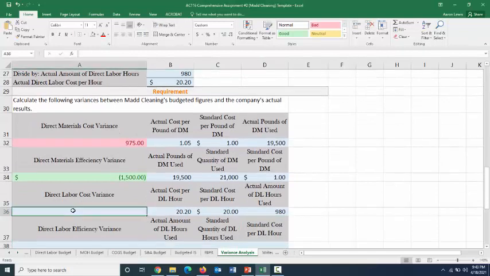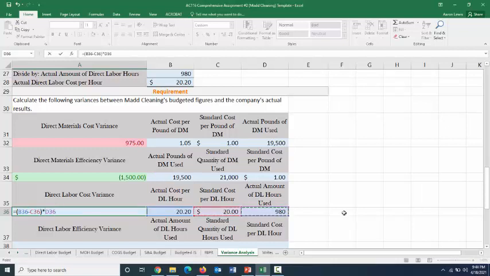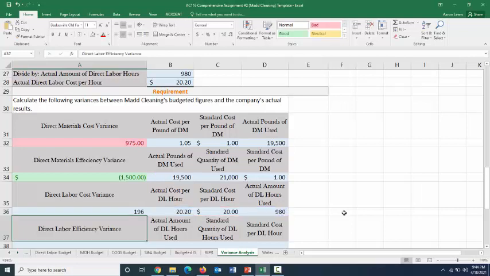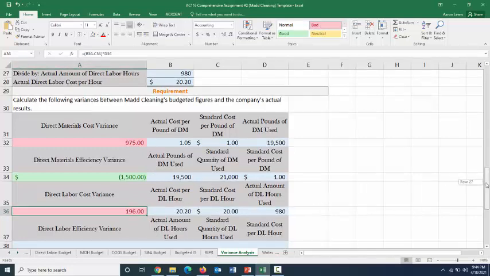So we take the difference between our actual cost per direct labor hour of 20.20 and our standard of 20, and we multiply it by those 980 hours that our employees actually worked. And when we do that, we come up with 196. So we spent $196 more for direct labor during the period, which we attribute to the fact that we had to pay a higher hourly wage to our employees than we planned. So that is unfavorable because our actual cost was higher than our standard cost.